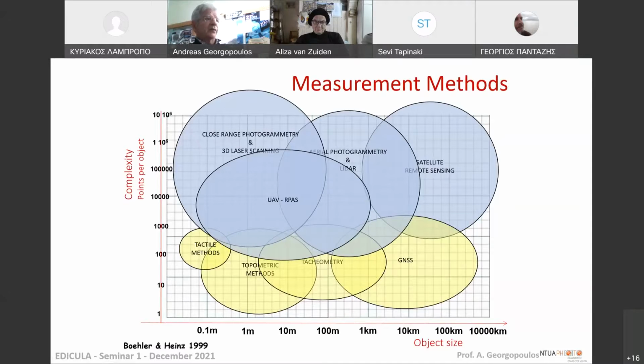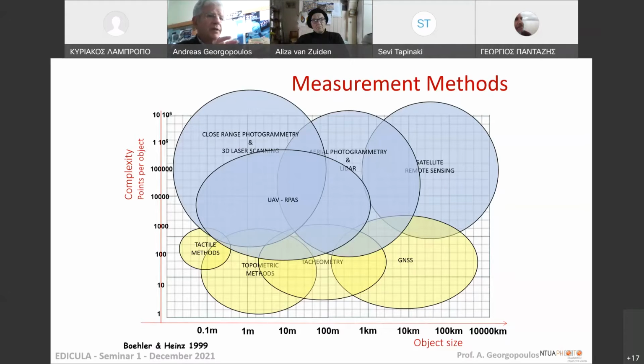And on the y-axis, we have the complexity of the object and the necessity of the points, how many points are necessary to describe the surface. Don't forget that I told you before that we select some points and we project those points. So the further up we go, the more complex the object is.